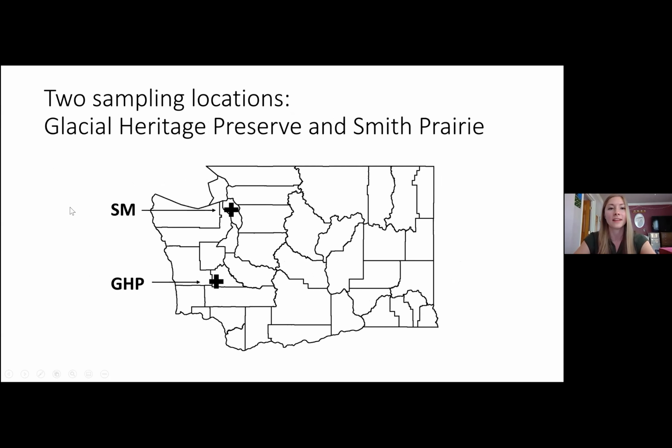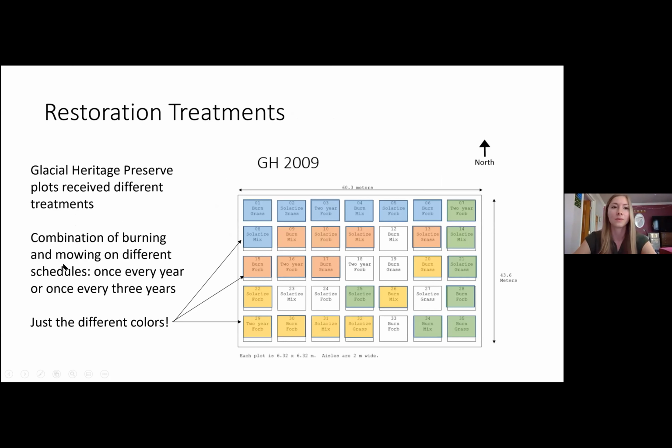As I was investigating these Puget Prairie ecosystems, we chose two sampling locations. First was the Smith Prairie, which is on Whidbey Island in Washington, and the second, which is Glacial Heritage Preserve, which is just south of Olympia in Washington. At Glacial Heritage Preserve, we were interested in studying research plots that had received different treatment types.